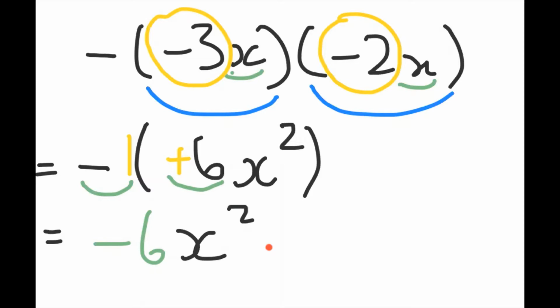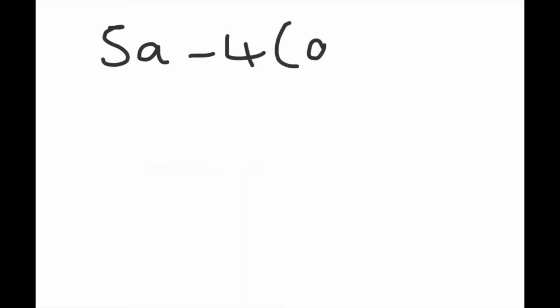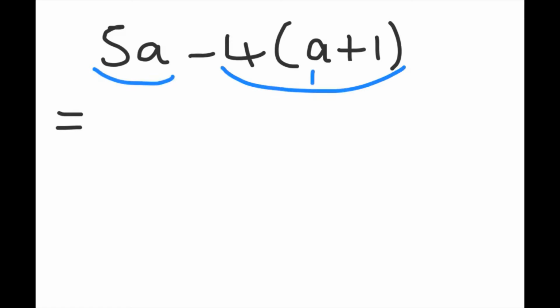Let's just do another bigger one. 5a minus 4, a plus 1. Yeah, this is not so big. So again, let's keep that together. And that one, let's first do that. Then we can do that. So just keep the 5a below each other. Minus 4.